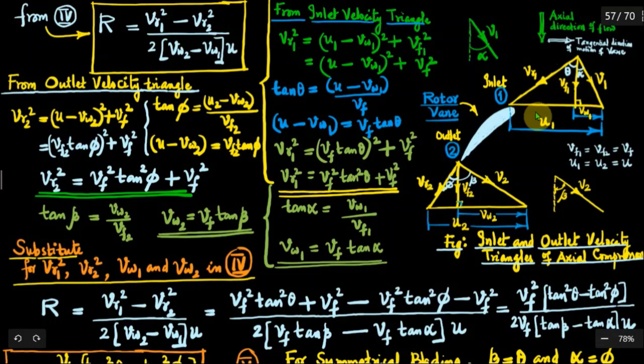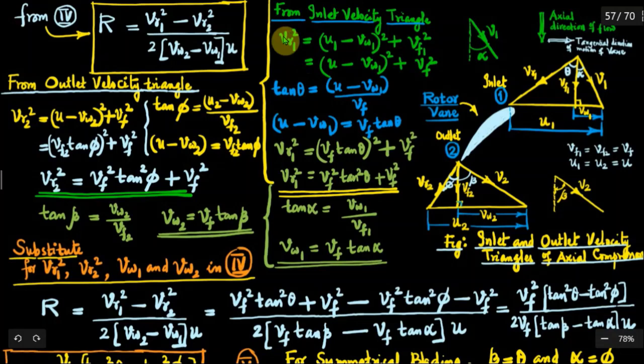Tan theta is equal to opposite side by adjacent side. The opposite side is U1 minus VW1, in fact U minus VW1, and the adjacent side is VF1. So U minus VW1 divided by VF is equal to tan theta. Cross multiply to get U minus VW1 is equal to VF tan theta.